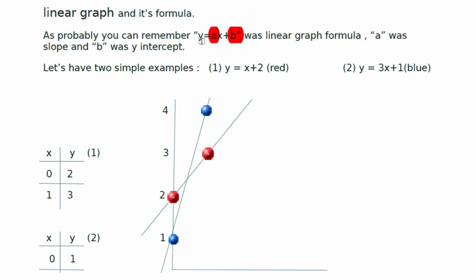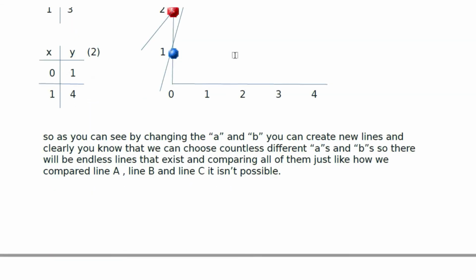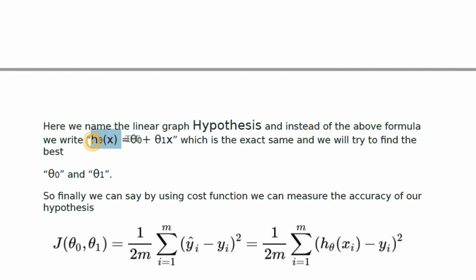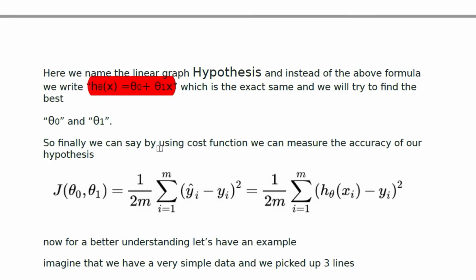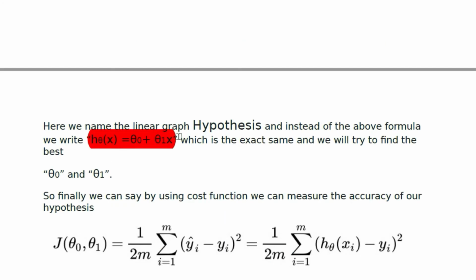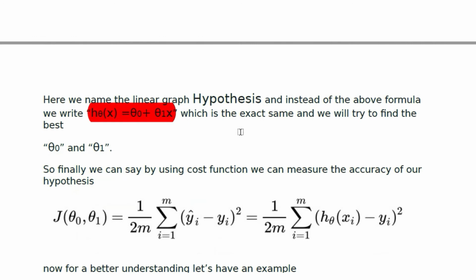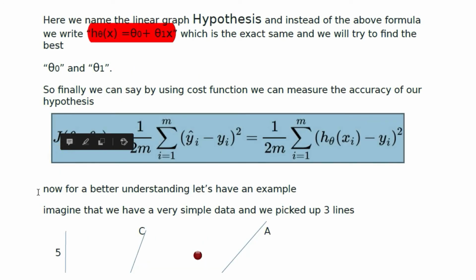In machine learning, we don't use Y, A, or B. We use this. It's just like that, and the difference is that just we use h instead of y, and we use theta instead of a and b. And we call this function hypothesis. Finally, we can find this.